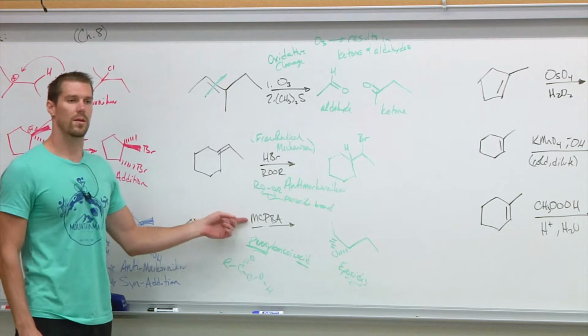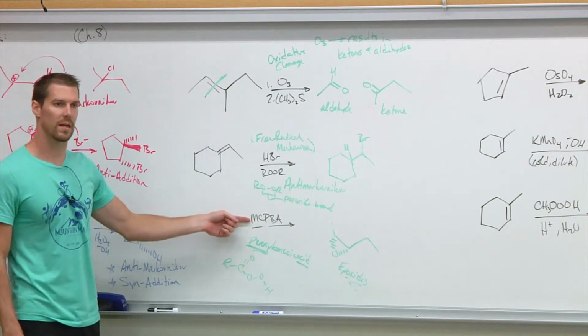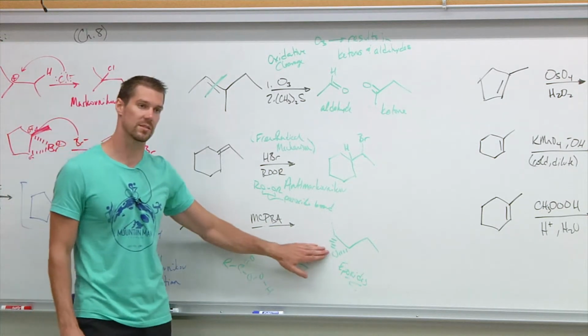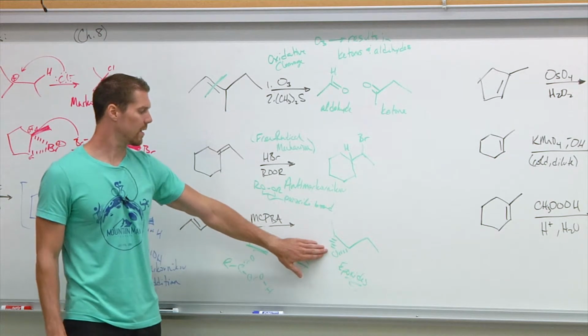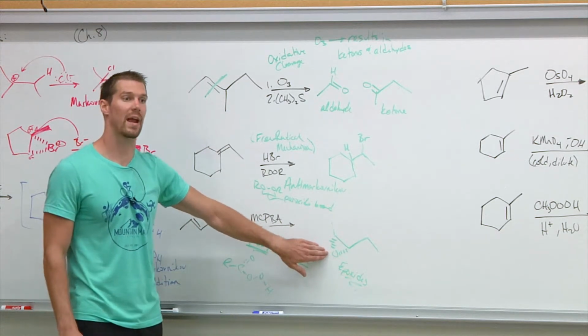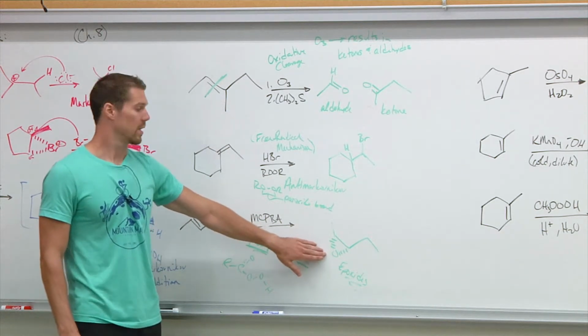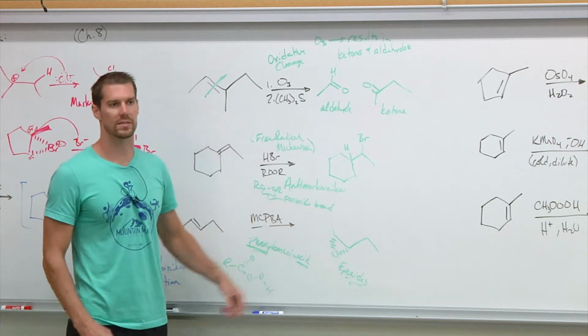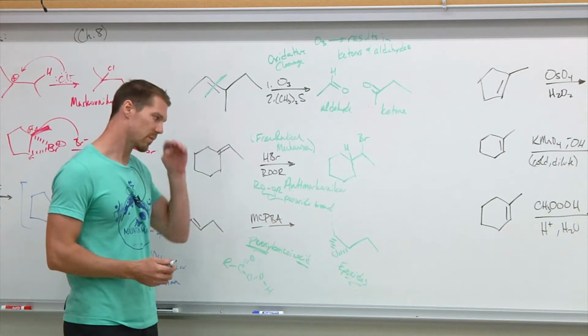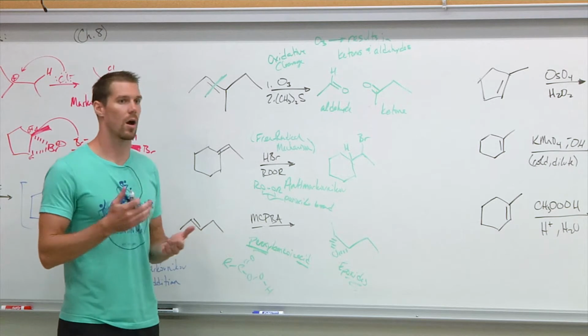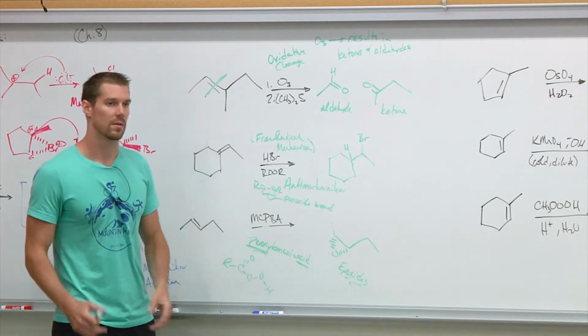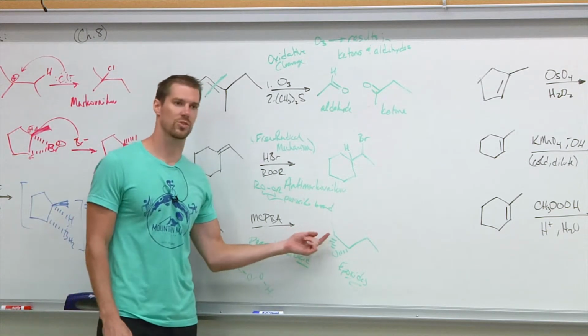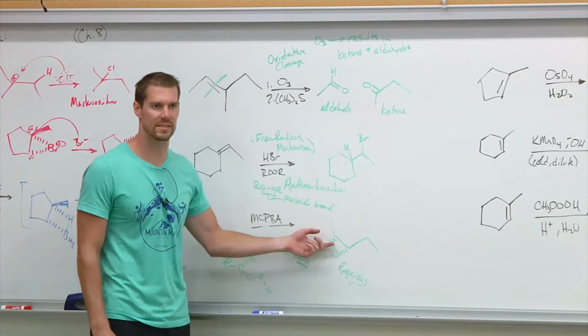The reason they use MCPBA is because in acidic conditions, this is a very sterically strained ring structure, right? Typically, sp3 hybridized bonds are 109.5 degrees. But this forced triangle, that's like 60. That's tiny, right?